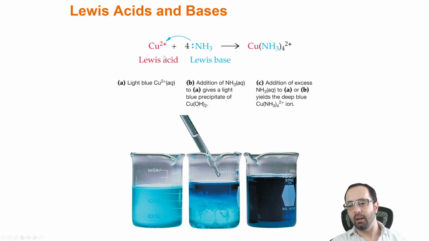And so again, this expands the definition of acids and bases to include many different reactions that you may not have initially thought of as acid-base reactions, because you didn't see a movement of a proton. But instead, it's the donation of the lone pair in a coordinate covalent bond that defines the Lewis acid and bases.